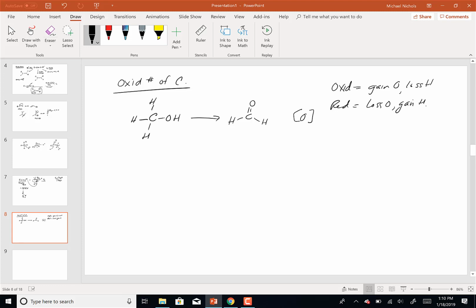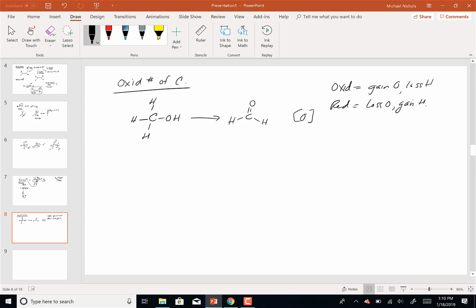When you look at the carbon-atom bond, if the atom is more electronegative than carbon, carbon loses the electron completely to that atom. Now, that's not what really happens, but in our bookkeeping, that's what we're going to do. If that atom is less electronegative than carbon, then carbon's going to take that electron from that atom. And if it's another carbon atom, they're tied, so there's no loss or gain of electrons.